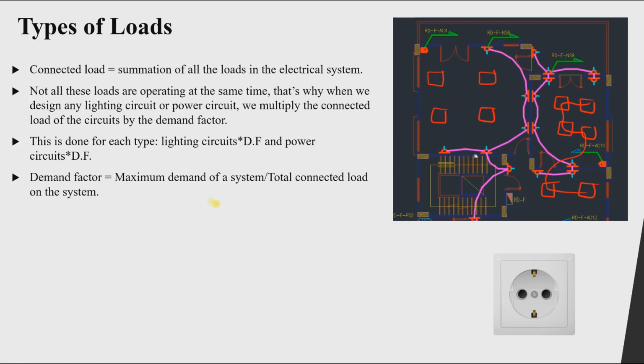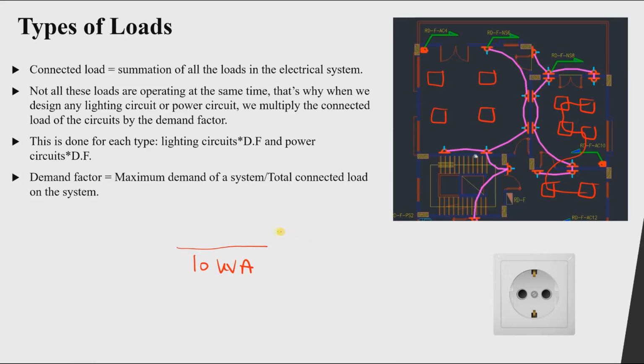Let's say we have an apartment with a total connected load, all of the luminaires plus all of the sockets, everything in the apartment. Let's say it is equivalent to 10 kilovolt ampere. However, this apartment will have a maximum demand, a maximum amount of power taken.